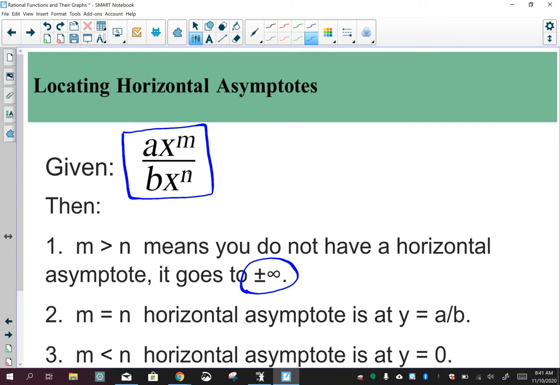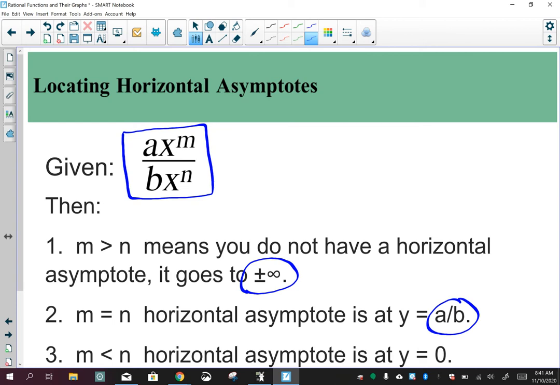If your m and n are the same exact thing, then you can reduce this fraction and those two will go away, leaving you with just a over b. So if they are the same, you simply reduce the fraction and your answer is just the ratio of the coefficients.